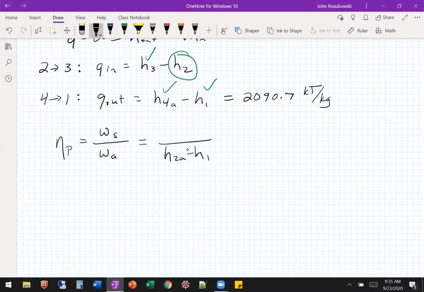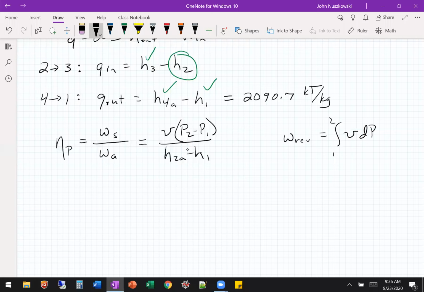But for the isentropic work, we don't have much information in the tables for compressed liquids. There isn't a good compressed liquid table. It only goes up to about 5,000 kPa, or 5 megapascals. So as we showed in the slides, we use the reversible steady flow work equation for the pump.